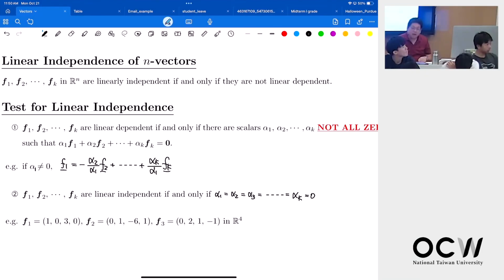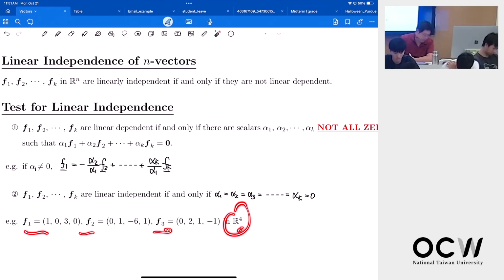For example, here in R4, I have f1, f2, and f3. Are they linearly independent or linearly dependent? Let's see. We always need to check.